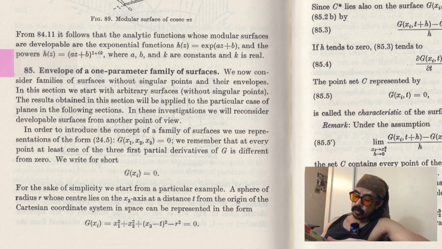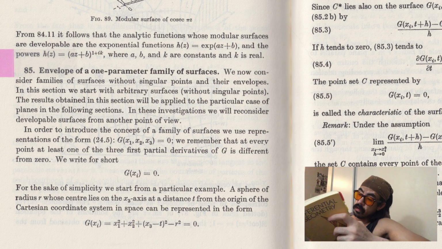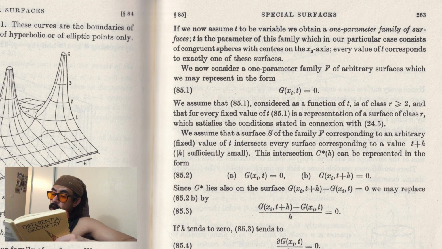A sphere of radius r whose center lies on the x3 axis at a distance t from the origin of the Cartesian coordinate system in space can be represented in the form G(x_i) = x1² + x2² + (x3 − t)² − r² = 0. If we now assume t to be variable, we obtain a one-parameter family of surfaces.